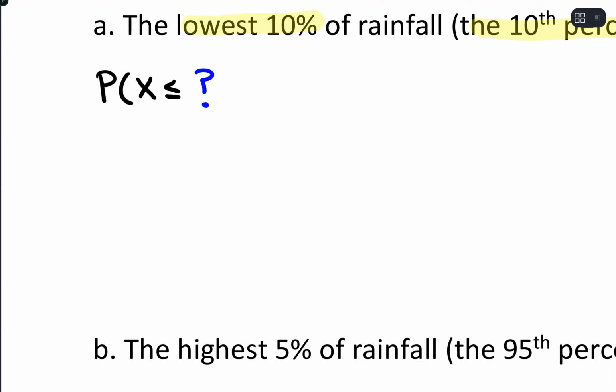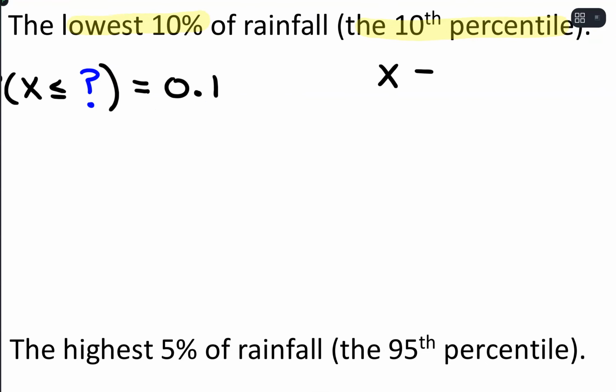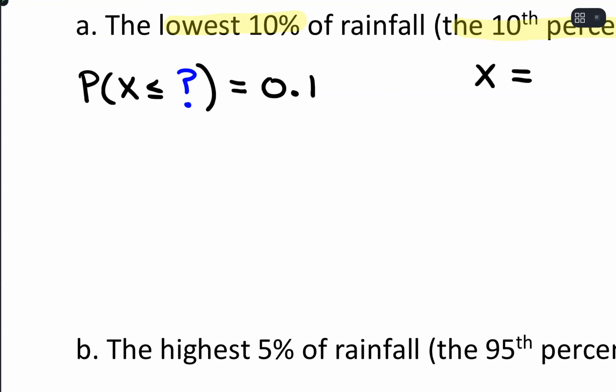I don't know what that number cutoff is, but I know that that probability is equal to 0.1. So what we want to do is find the value that goes next to x there. At the end of this, we're getting a value for x, our cutoff value, and we need to go into Excel.